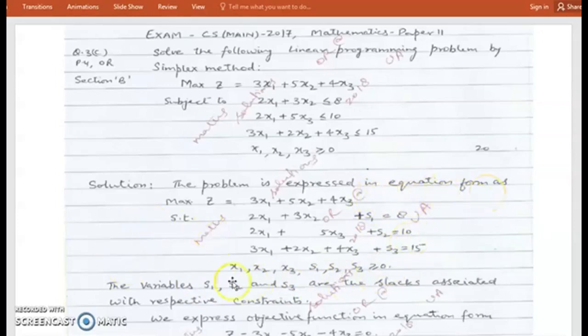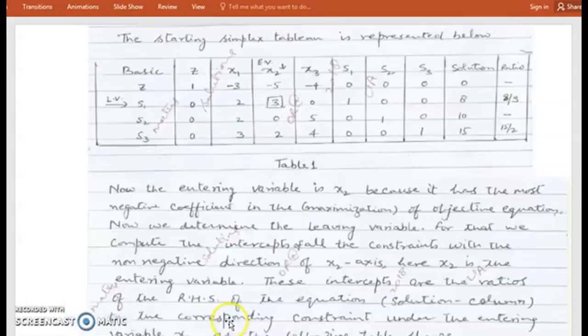Now we take all the terms on the right hand side to the left hand side. So z minus 3x1 minus 5x2 minus 4x3 is equal to 0. Now we write down the starting table, with basic variables s1, s2, s3, and this row is the z row. Here we have written the coefficients of z, x1, x2, x3, s1, s2, s3 respectively, and this is the right hand side.